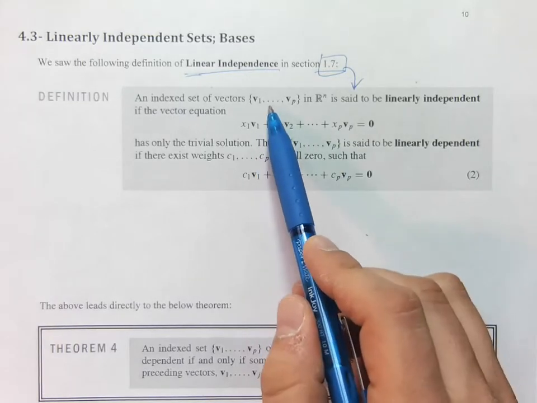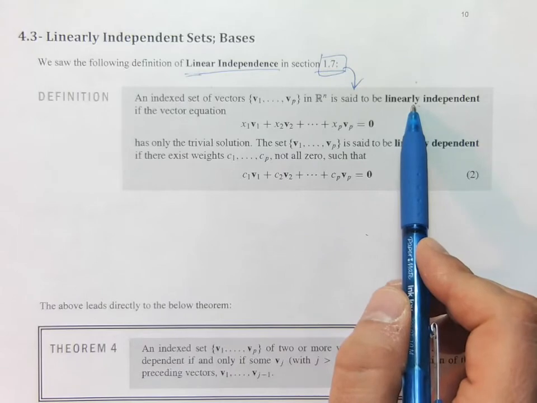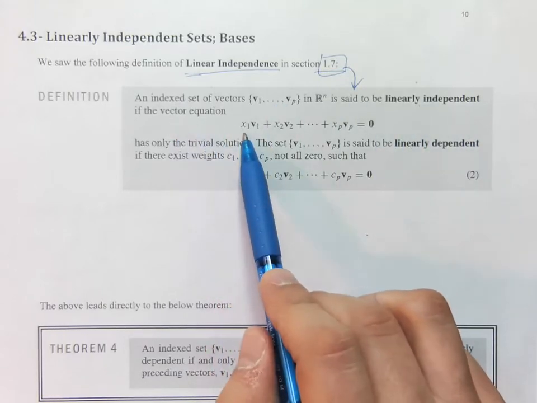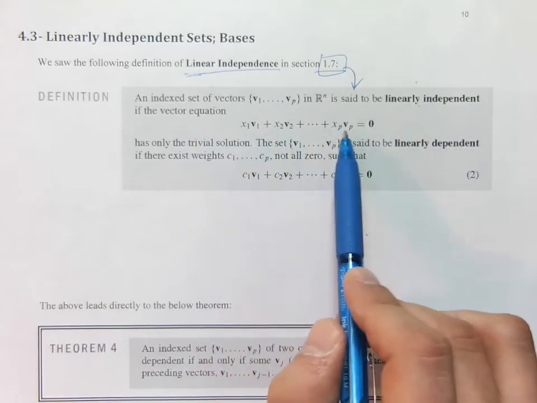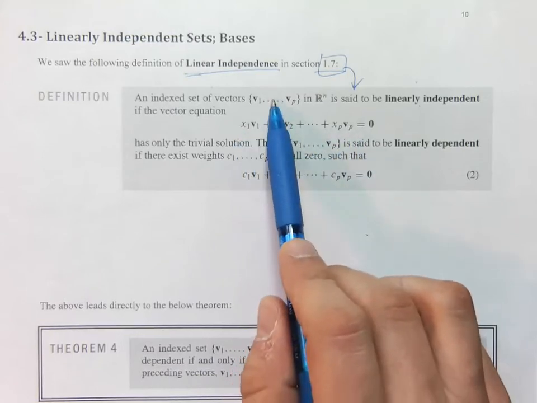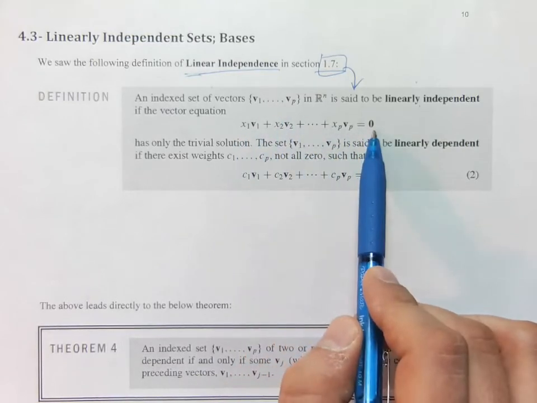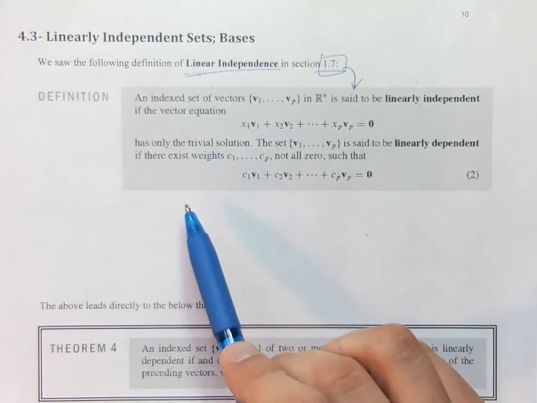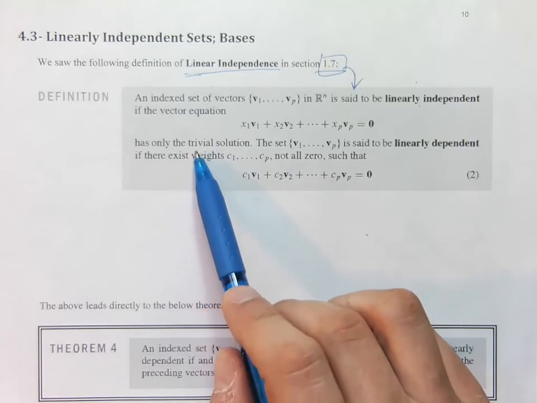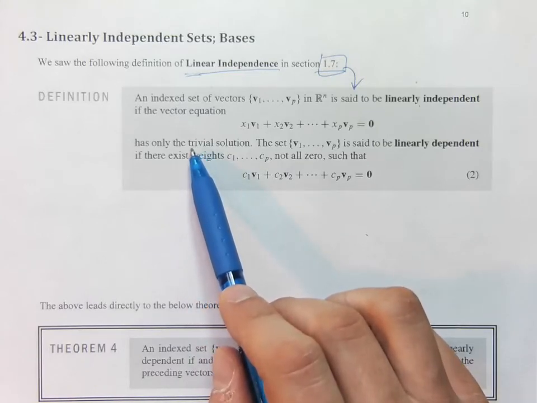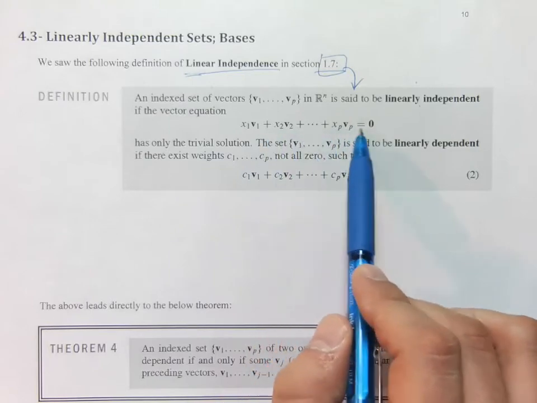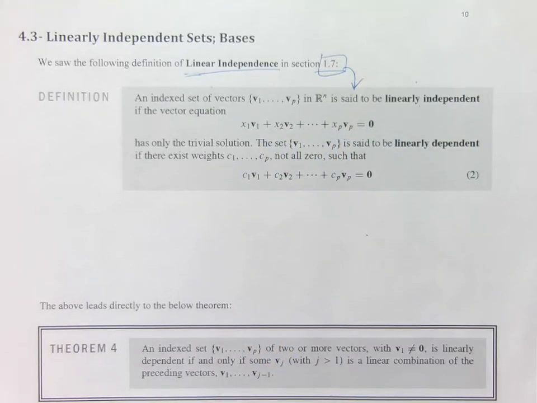So we say a set of vectors is linearly independent if the equation x1 v1 plus and so on, basically the linear combination of those vectors equaling 0, has only the trivial solution. So if you think back to the section, what we did here is we solved the homogeneous equation to look for linear independence, right?